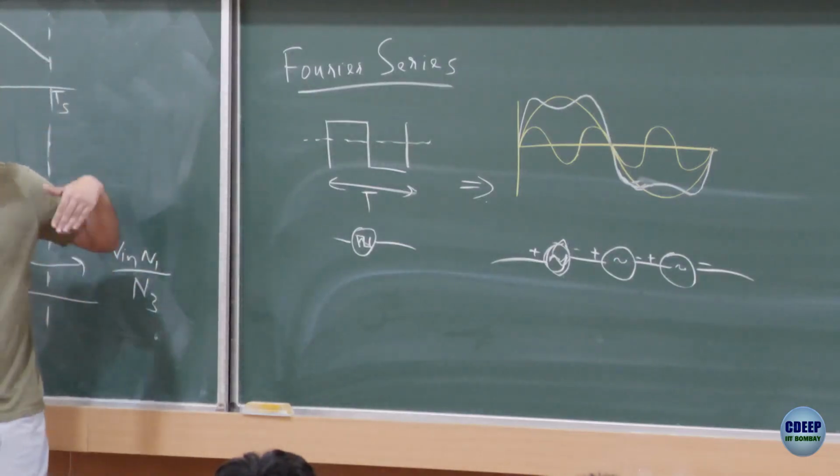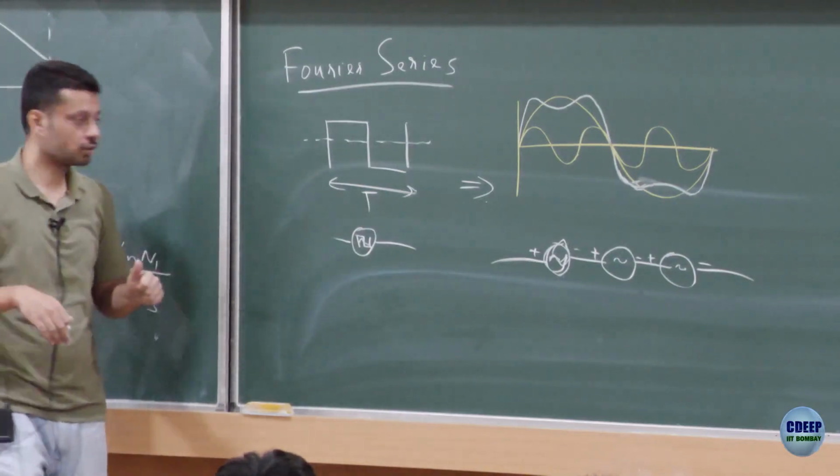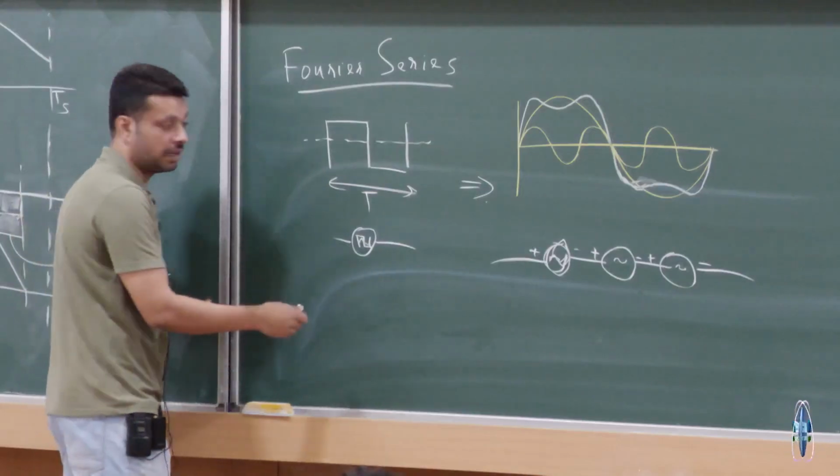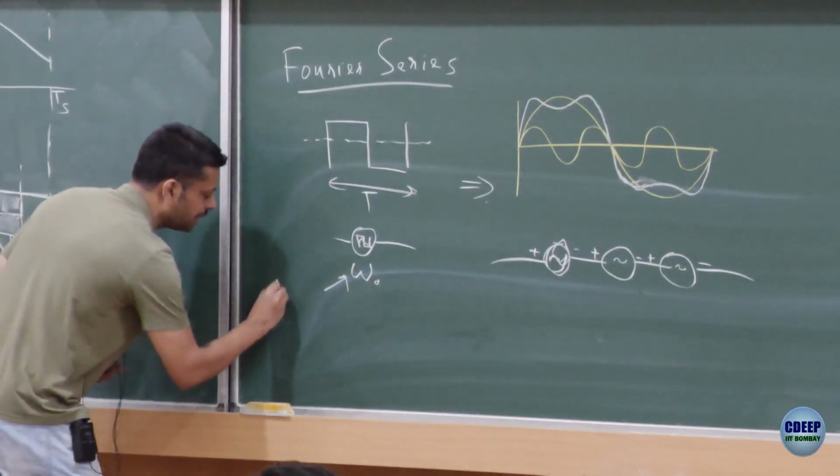So you add another frequency term, and you keep adding, and it will keep looking more like a square wave. If I say this is a square wave of frequency omega naught, I will call it the fundamental frequency.